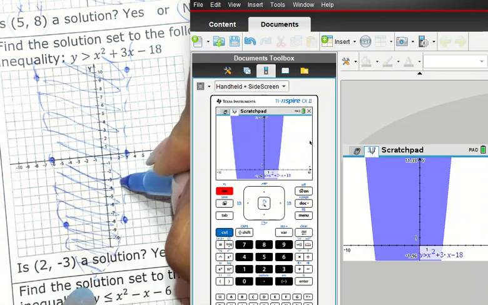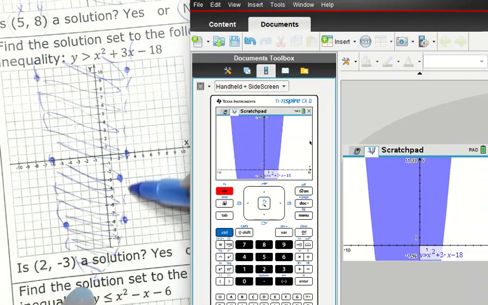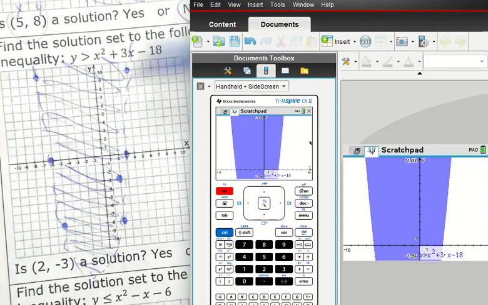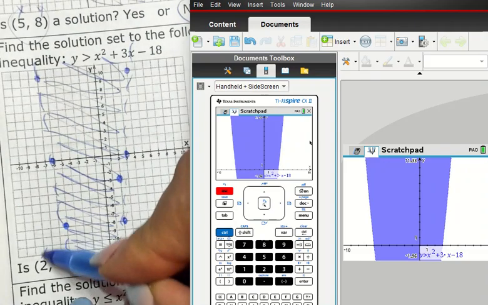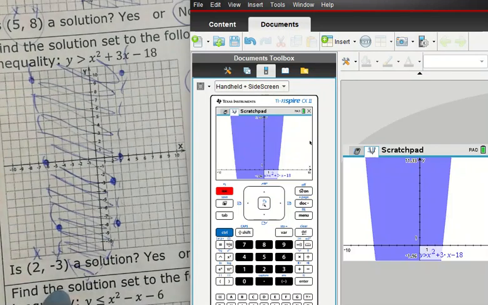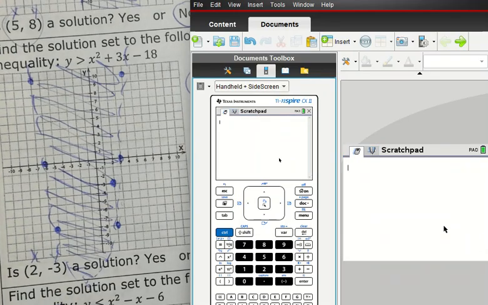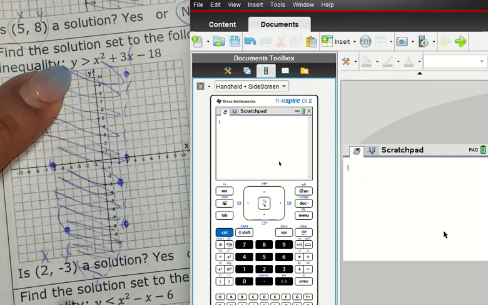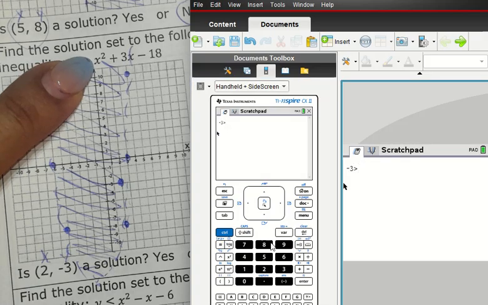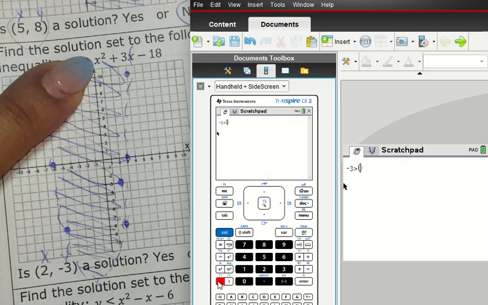So 2, -3 is right here. It does seem to be inside of the graph. I can just confirm once again by typing this is x and this is y in the inequality. So if I type for the y value we have right here, which is -3, inequality of greater than x squared, which means we're going to substitute in the x value we have right here.